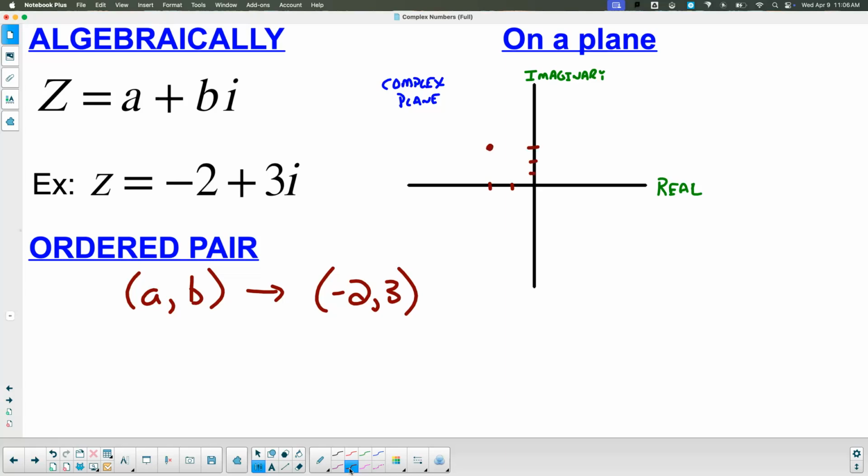So that would be kind of right up in there. That's where z would end up. Okay? Real part is your x, imaginary part is your y, and then we go from there. Any questions on that before we go to the next slide?